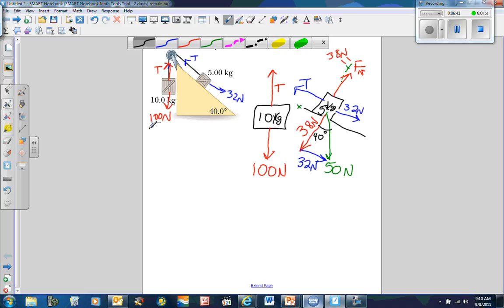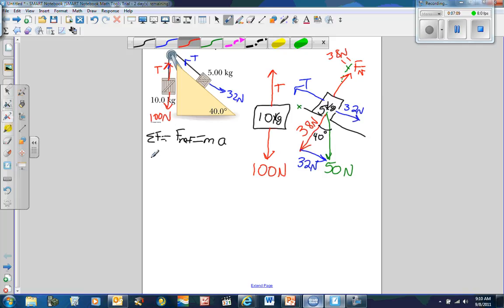Well, we're going to use Newton's second law, which is this: the sum of the forces equals the net force, which equals m A. Alright? So let's just start out with the 10 kilogram box.